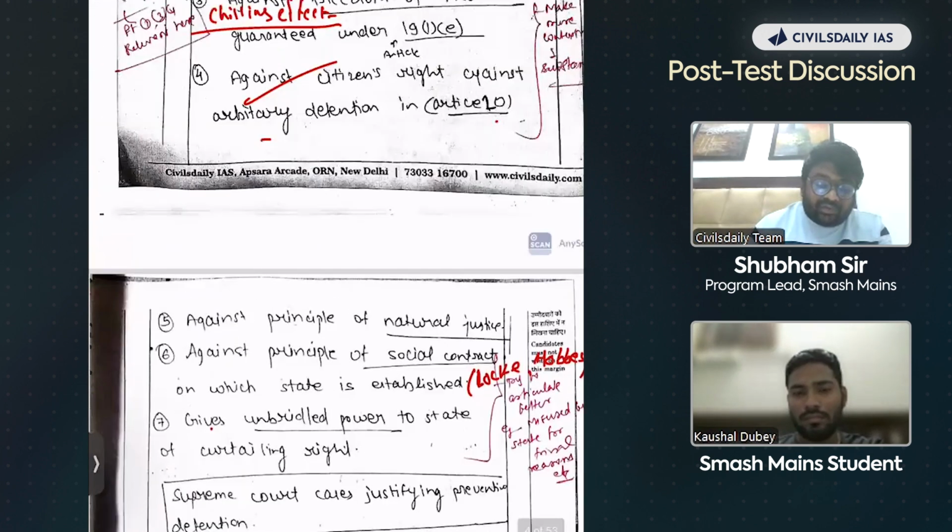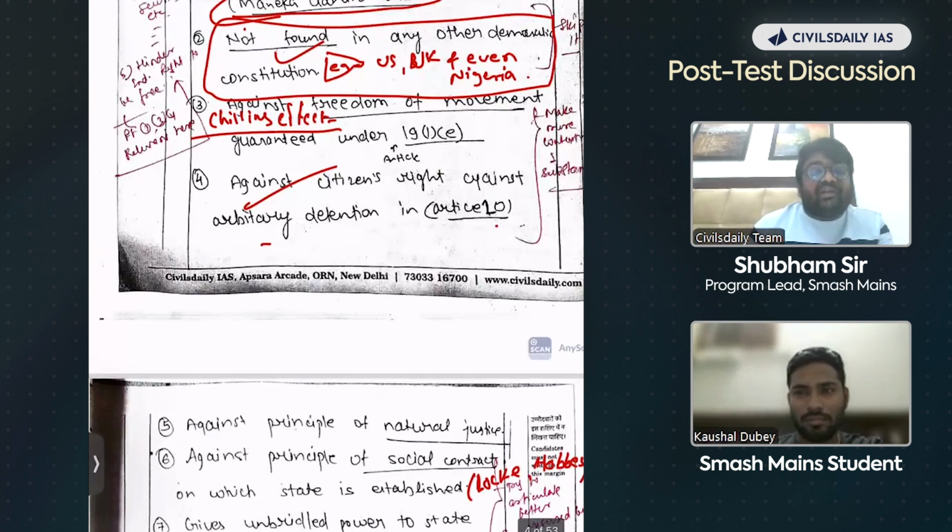And here also, you haven't provided a single example. The preventive detention during emergency, right? Preventive detention after abrogation of Article 370, and preventive detention of leaders after abrogation of Article 370, right? So those examples you need to add.